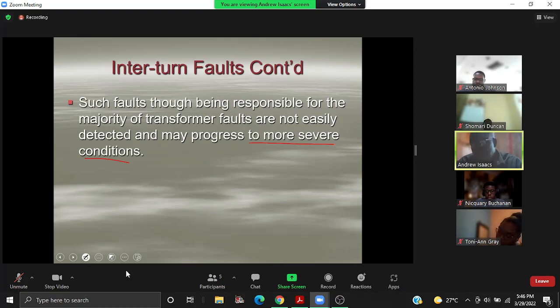Okay? Now, these faults are the type of faults that you want to send an alarm for. Because they will start slowly, but if left unchecked, will escalate to big things. So you want to be able to manage these faults.